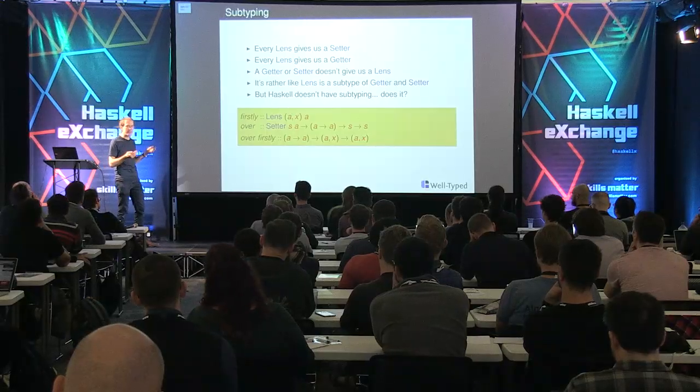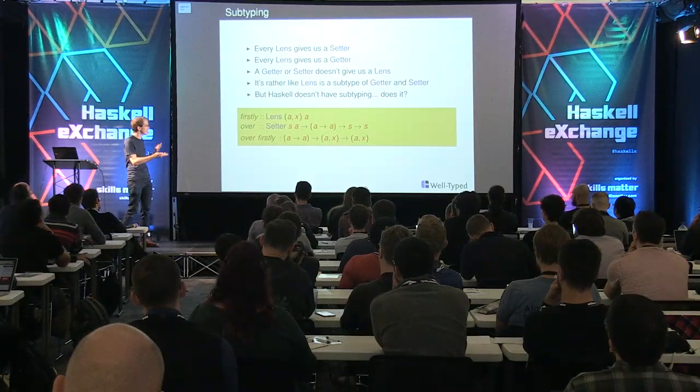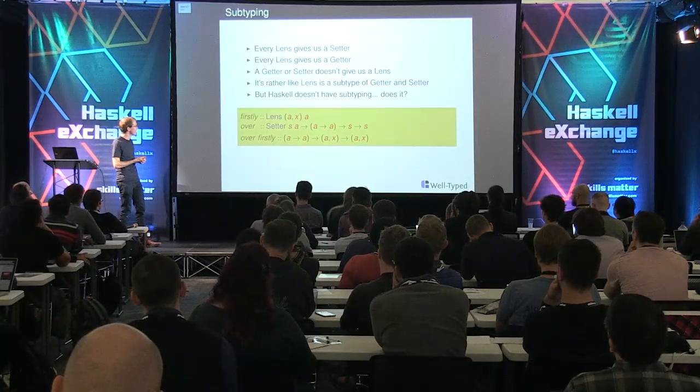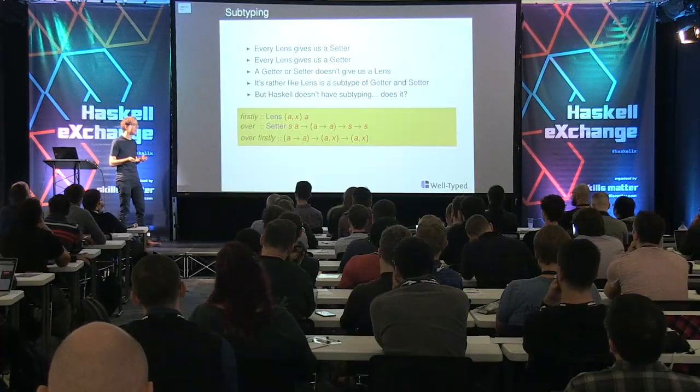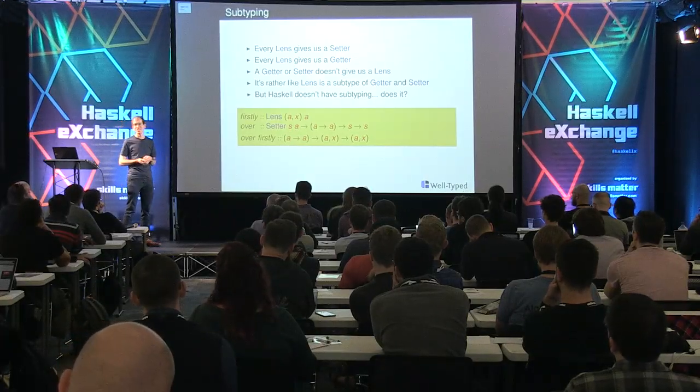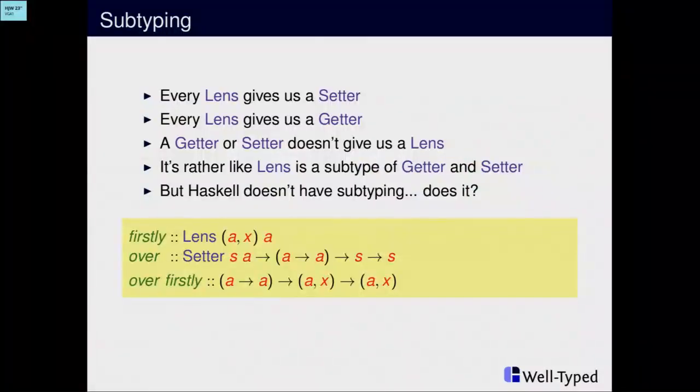But of course, if lens and setter are just different types, then this isn't going to work. And if we're in a language with subtyping, then this just does work. And in practice, these kinds of conversions between different optic flavors come up all the time when you're working with these concepts.